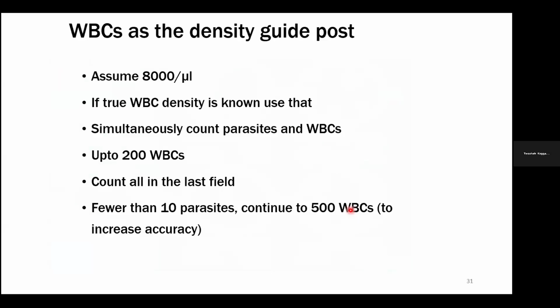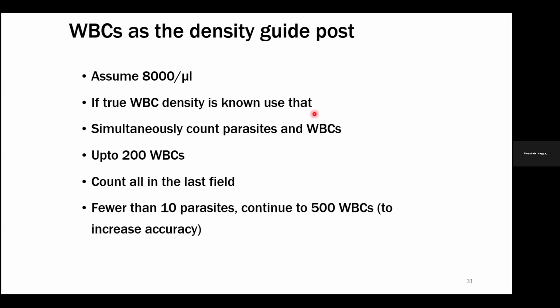Then, if our report is to be by parasite density, that is the number of parasites in a microliter of blood. What we do is, if we don't know the WBC count of that sample, we assume that the average WBC count is 8,000 per microliter, because the range is between 3,000 and 12,000.